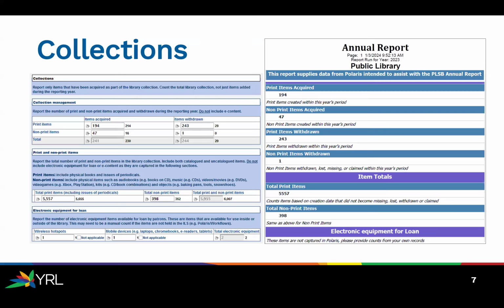So in most cases here, you're just copying directly across and things should look exactly the same. So for example, we can highlight here, print items acquired. So you can see we're using the same language as the survey. Non-print items acquired. And this is going to go through each of these categories.